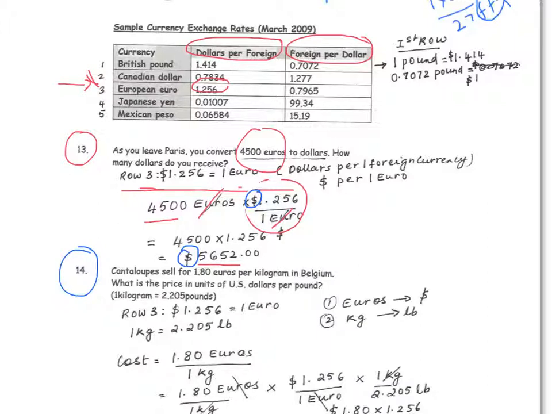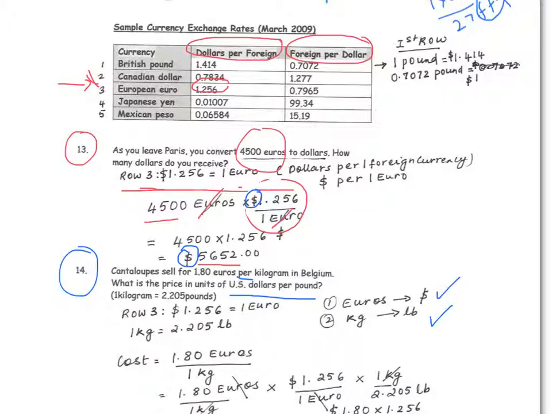Cantaloupes sell for €1.80 per kilogram, and we need to find our price in US dollars per pound. So here we have to do two conversions. One is we need to change euros to dollars, and the second is we need to change kilograms to pounds.